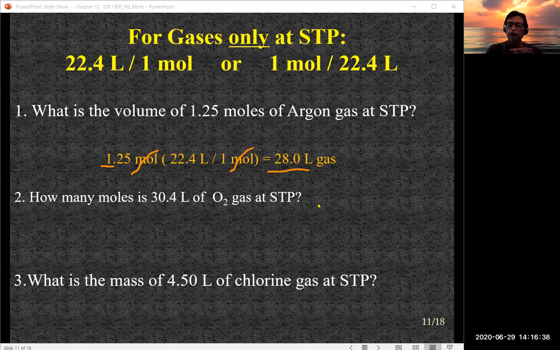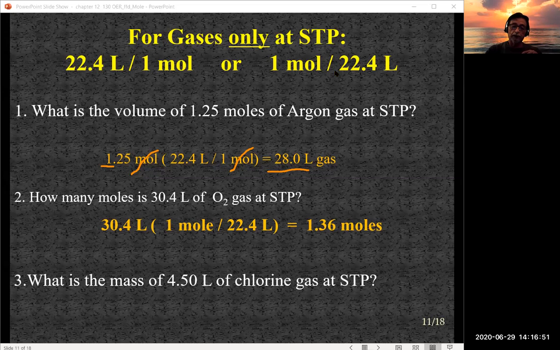I'm being given 30.4 liters. And so if I set that problem up with moles in the numerator, liters in the denominator, liters cancel out. And my answer is 1.36 moles. Again, consistent with the liters that I'm given, which is greater than 22.4.